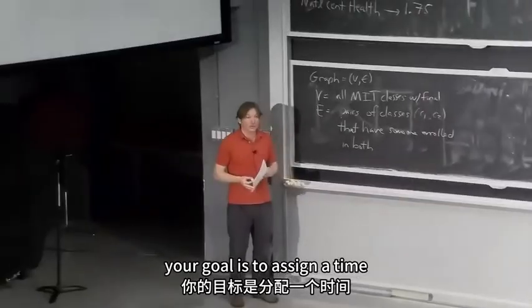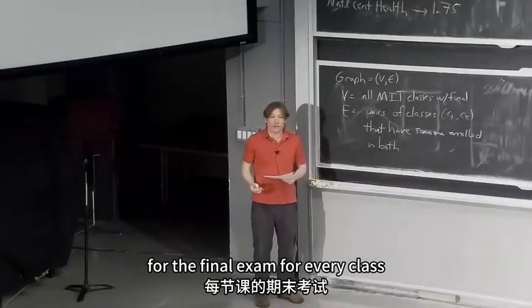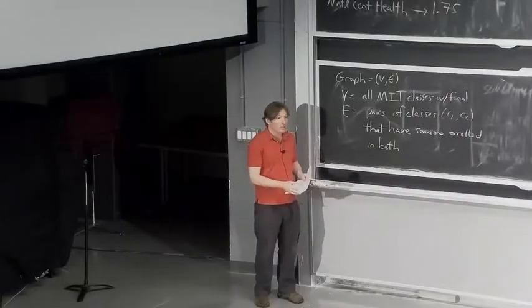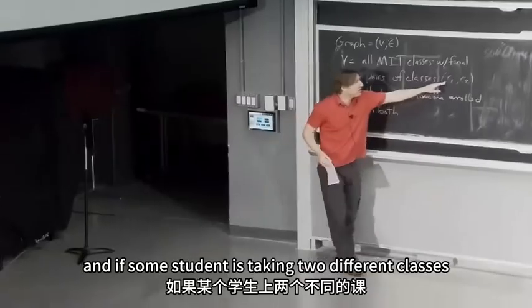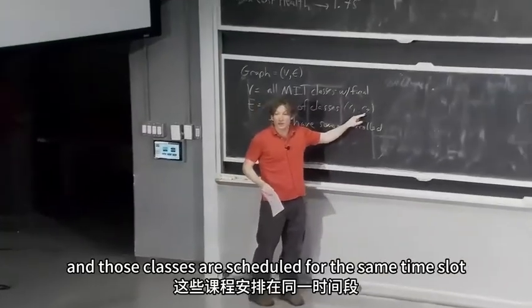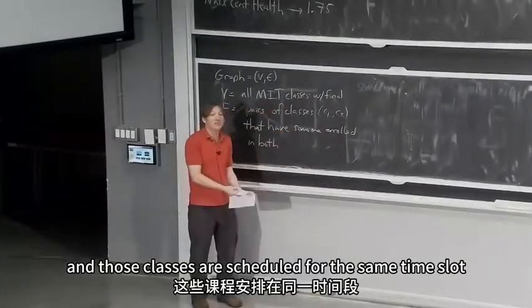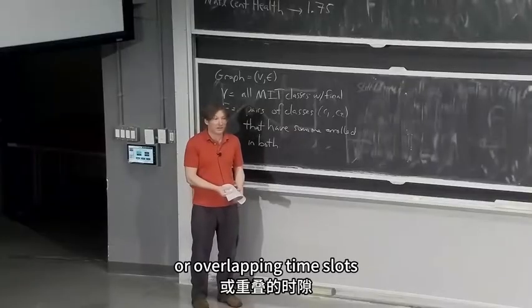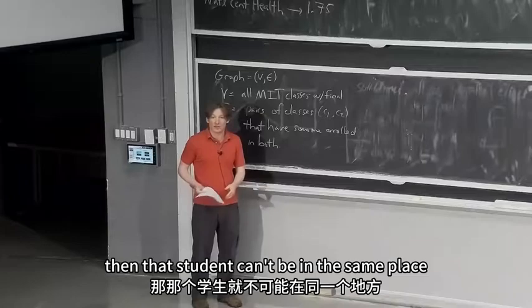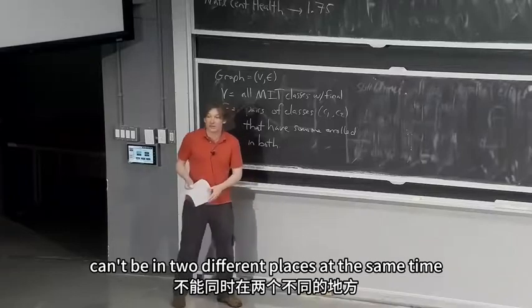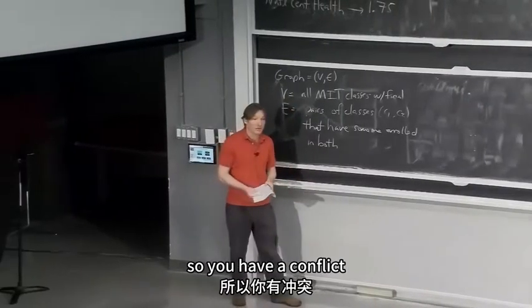Your goal is to assign a time for the final exam for every class. And if some student is taking 2 different classes, and those classes are scheduled for the same time slot or overlapping time slots, then that student can't be in 2 different places at the same time. So you have a conflict.